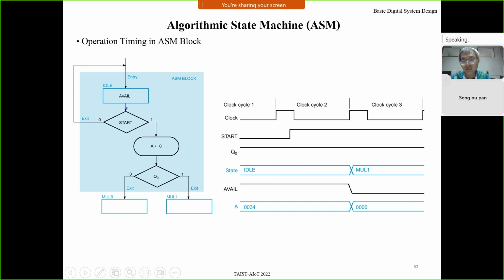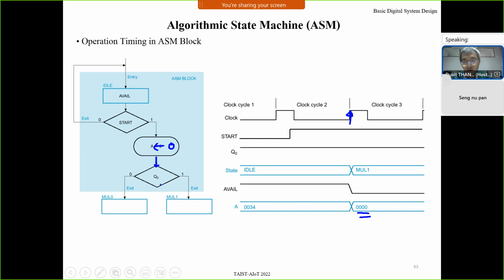Okay, but when start is 1, at this clock tick, start is 1. Register A will update or load the new value 0 to A. So at this clock tick, A is cleared to 0, 0, 0.